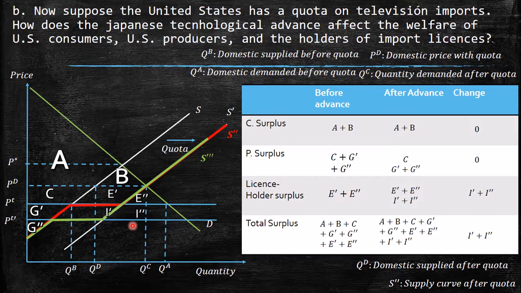I didn't represent it here, but you have here how this triangle is considered the deadweight loss, this one as well. Okay, and when there is the change of the price and the existence of license holders in a quota, you see here how this part is going to be deadweight loss because no one takes it, and this one as well.